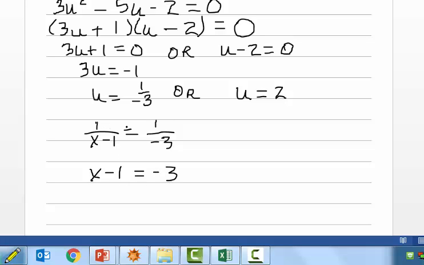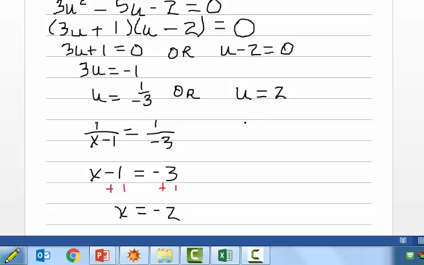The numerators are equal, then if these two things are equal and their numerators are equal, then their denominators have to also be equal. So let's add a 1 to both sides of the equation. And we get that x is equal to negative 2.